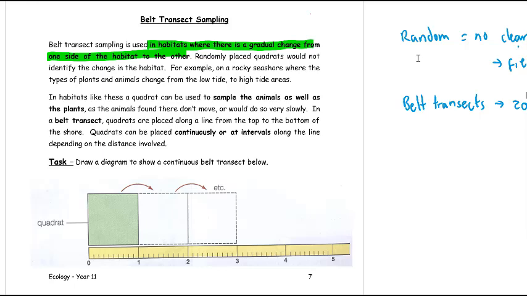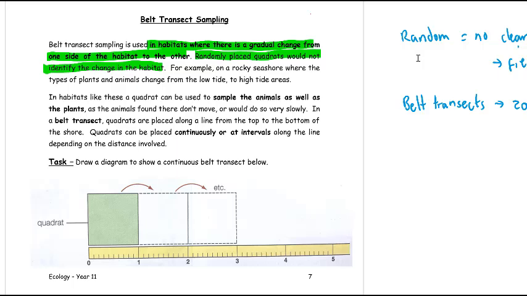Now, another type of sampling then is belt transect sampling. Belt transect sampling is used in habitats where there is a gradual change from one side of the habitat to the other. The reason why we need to use it is because randomly placed quadrats would not identify the change in the habitat. For example, on a rocky seashore where the types of plants and animals change from the low tide to high tide areas.